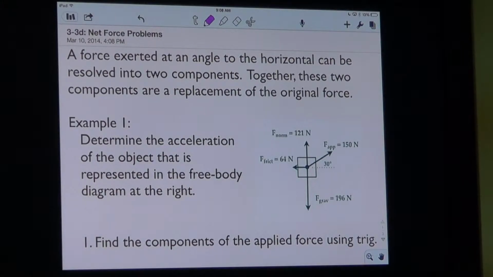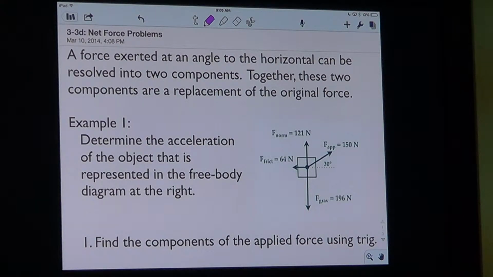Then we can use those to replace the original force, and that will help us to determine the overall net force of the object, since not all of them are at 90-degree angles. We're gonna work through a couple examples, step by step. This is the same as the net force problems that we did in an earlier chapter. The only difference is that we are adding on the angled forces.